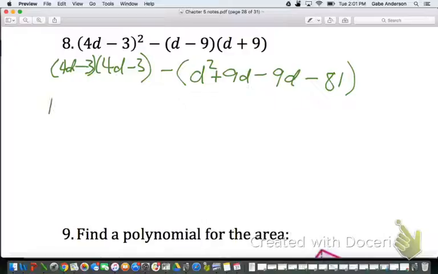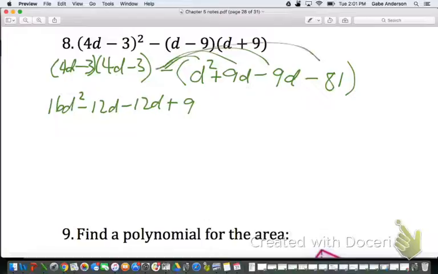So it's going to be 16d squared minus 12d minus 12d plus 9. I'm going to distribute that minus sign throughout these parentheses. So that's going to be minus d squared minus 9d plus 9d plus 81.